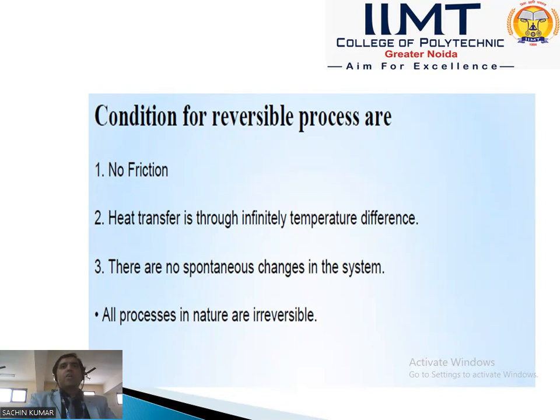In these cycles we consider all the processes as reversible, but actually they are not, because the boiler consumes heat with some friction, and heat transfer occurs across a finite temperature difference between the processes. So all these processes are irreversible.